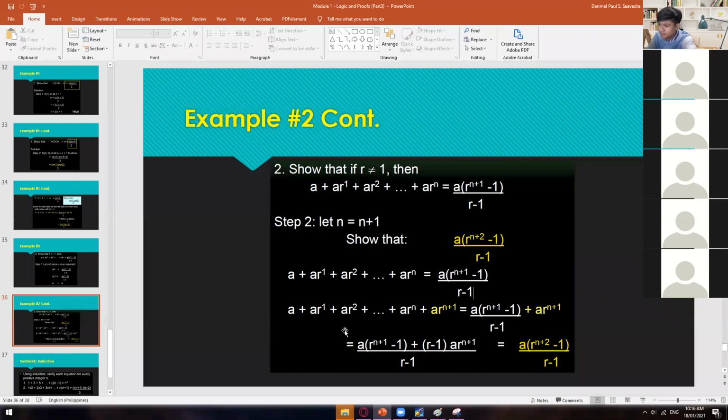So napakaraming basic algebra steps na meron doon. So including this one. And then, simplify mo lang to, okay, itong nasa numerator, and then you'll come up with this one. So from here, we have now shown that this one is really equal with your left side expression. Okay, or this one. Show that.